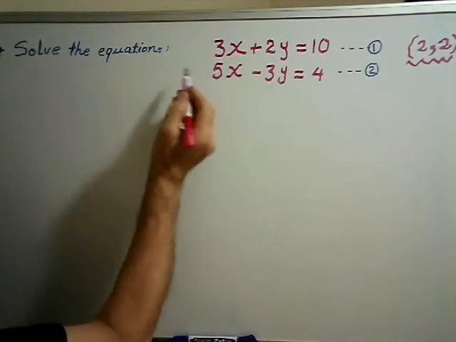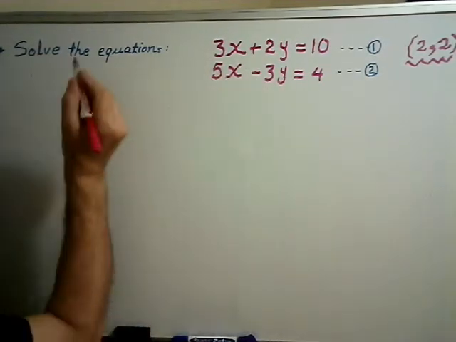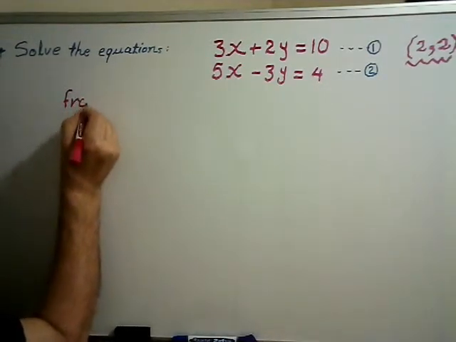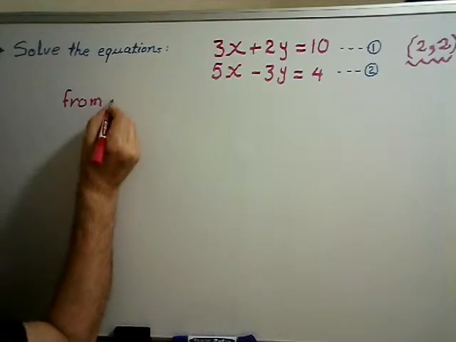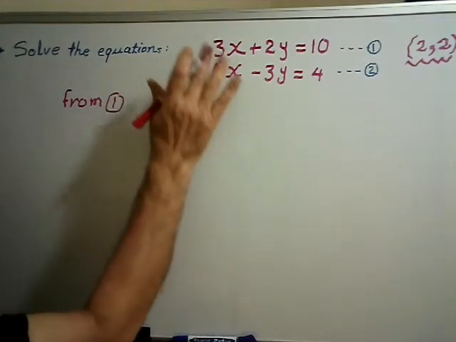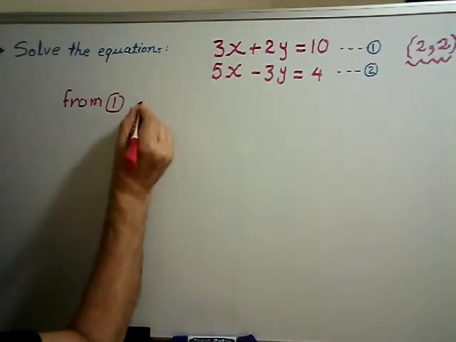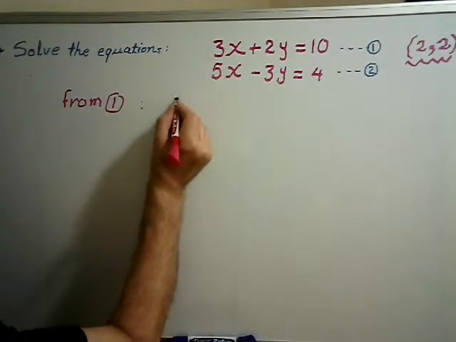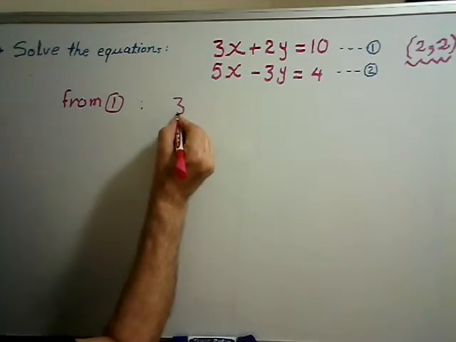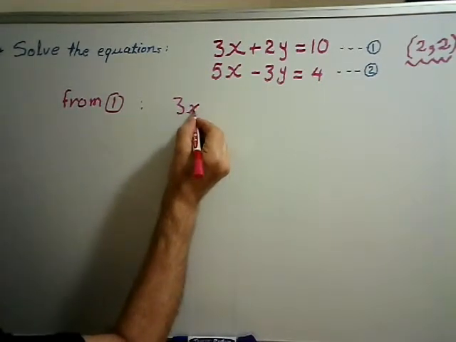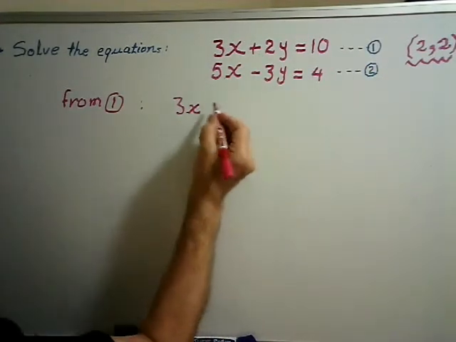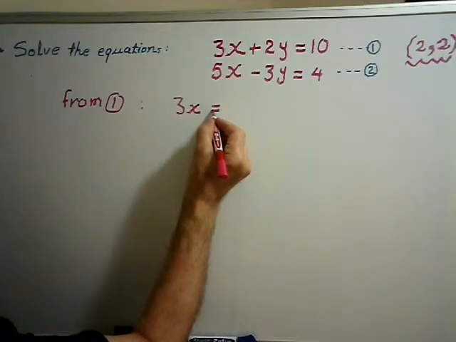Let me get any of those equations, like the first one. From 1, this is another method to solve these two equations. From 1 we see 3x. Now if we move 2y to the other side, it will be a negative.